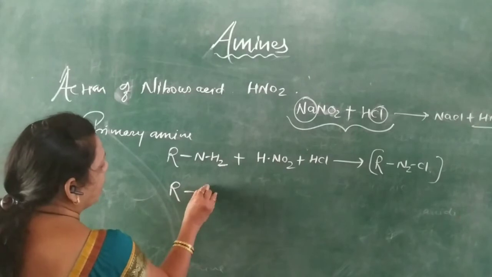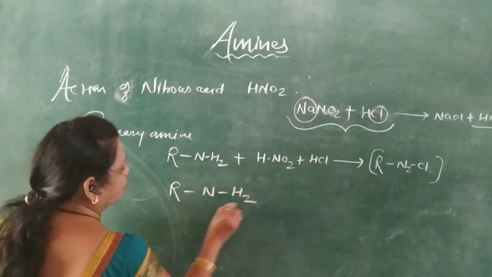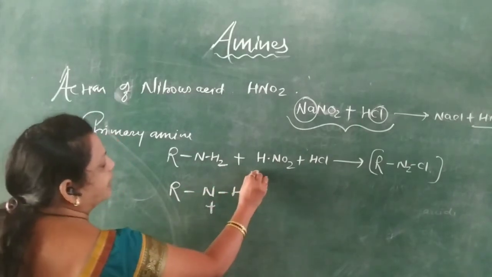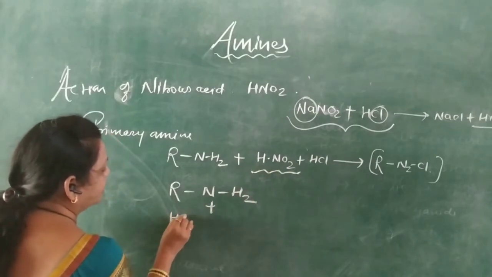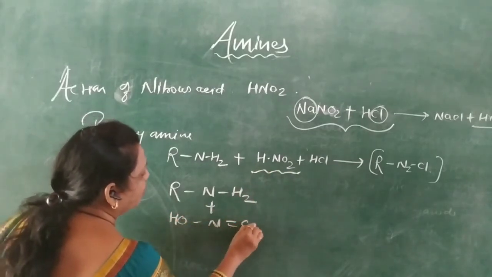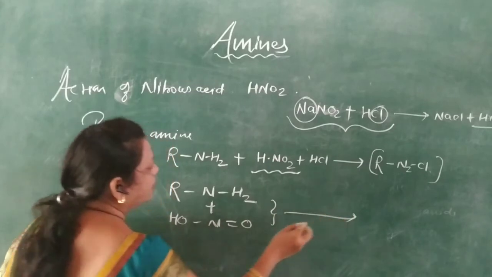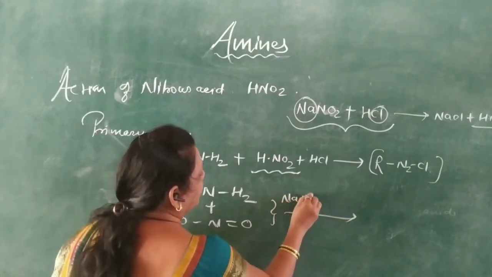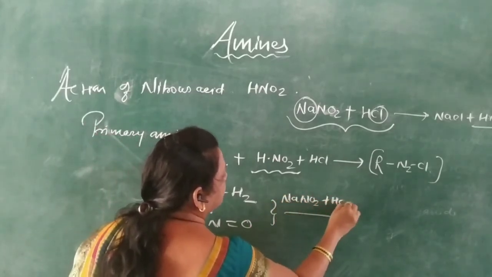But the reaction is just like this. RNH2 plus nitrous acid, which can be written as HO-N double bond O, in presence of NaNO2 plus HCl.